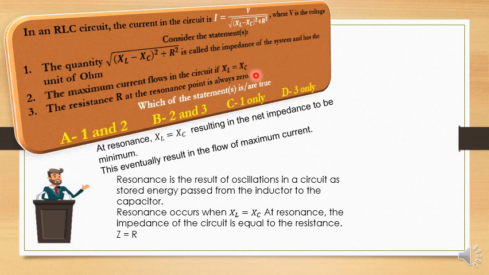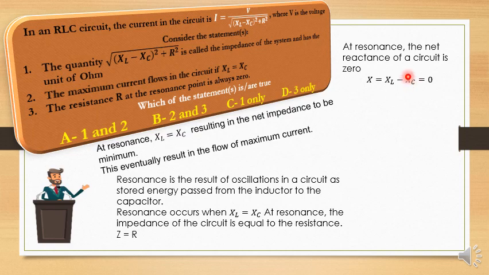But the total reactance, the net reactance, will be 0. What is net reactance? At resonance, the net reactance means the reactance of the inductor minus the reactance of the capacitor, and the difference gives us 0 at resonance.